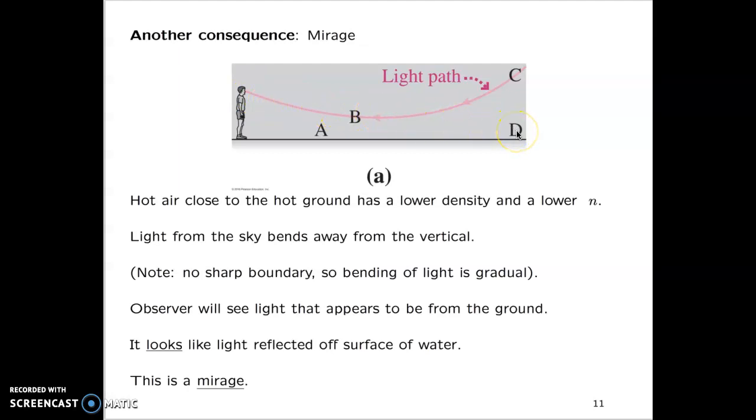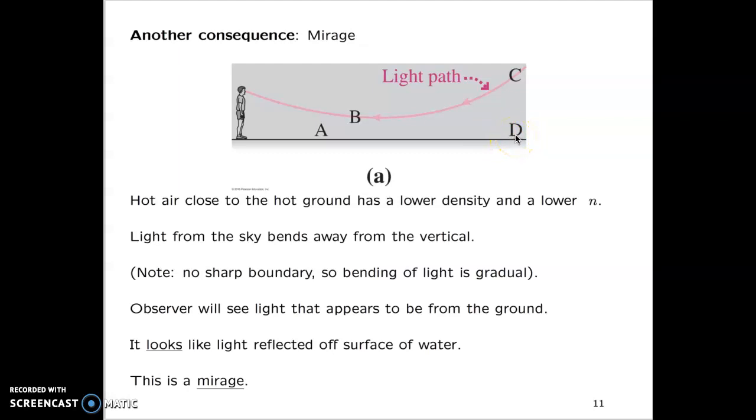So how do you interpret that? Well, when you see light coming from the ground, well, why would you see light coming from the ground? Well, maybe there's some water on the ground, and light is simply reflecting off that water, and you're seeing the reflected light off the water. That's what a mirage looks like. It looks like there's water on the ground over here.